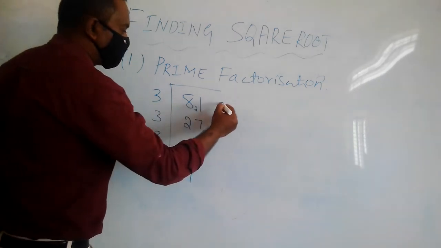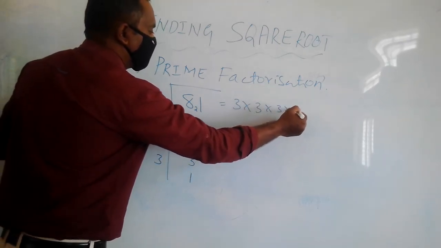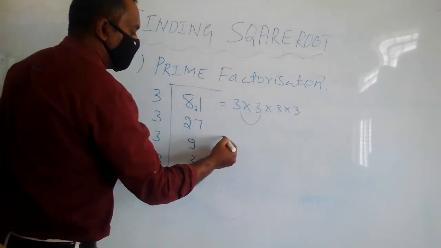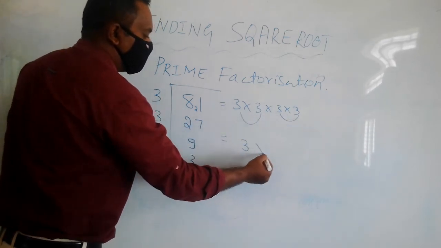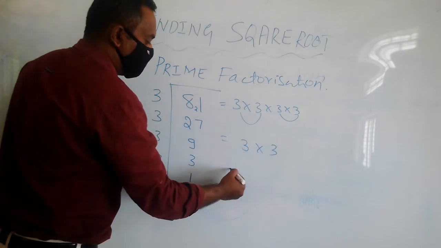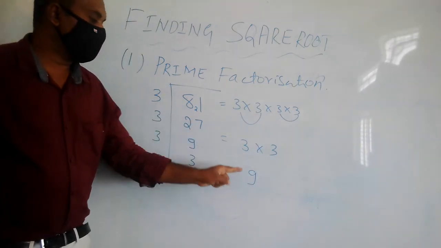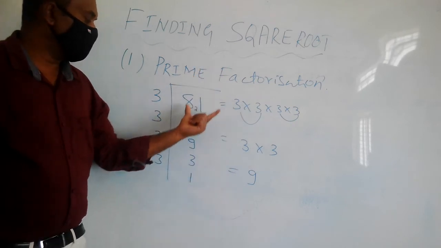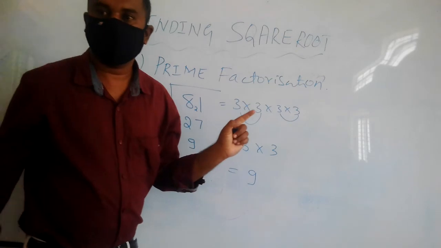Next, 3 into 3 into 3 into 3, 4 times. Take one pair here, choose one here. One pair here, choose one here. 3 3s are 9. Clear? Now the square root of 81 is what? 9. This is the way of finding the square root by prime factorization. Okay.